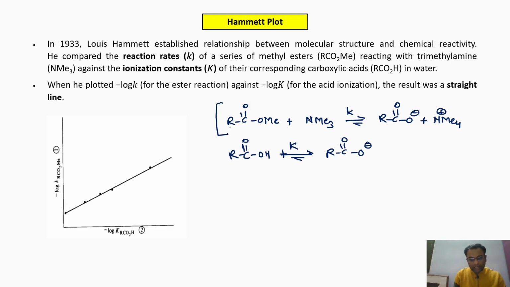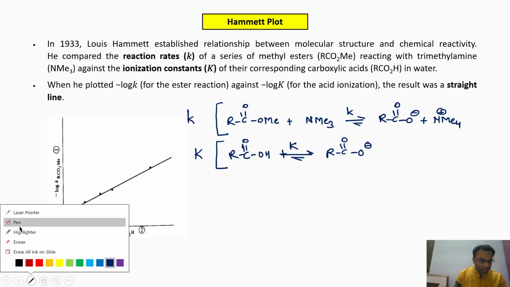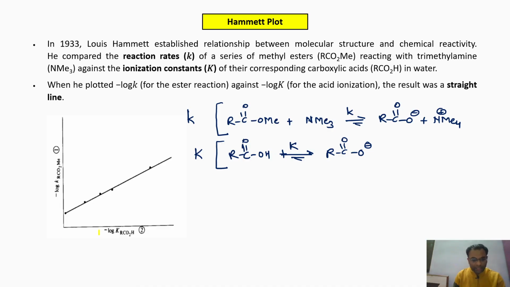So Hammett carried out a series of reactions of methyl ester with trimethylamine and studied their rate constant, denoted by small k, and he also studied the ionization constant of the corresponding acid of this methyl ester. After having the values of small k and capital K, he plotted a graph of minus log small k versus minus log capital K. And surprisingly, he found a straight line relationship.